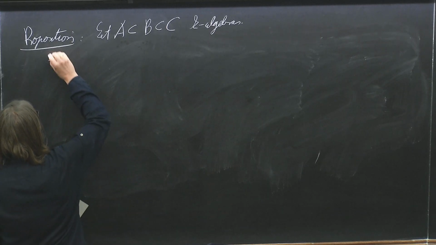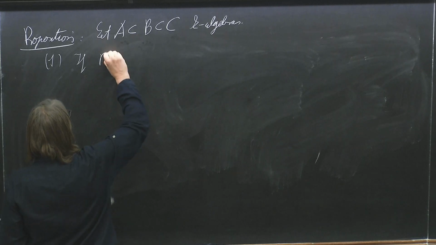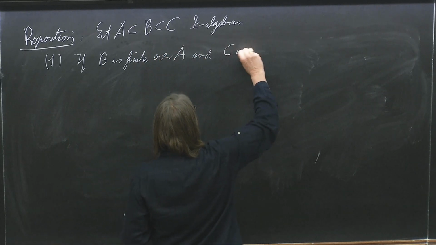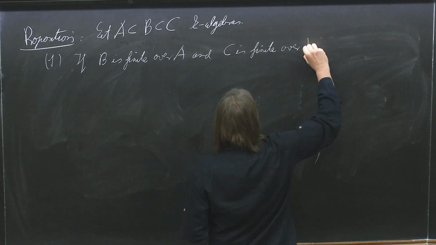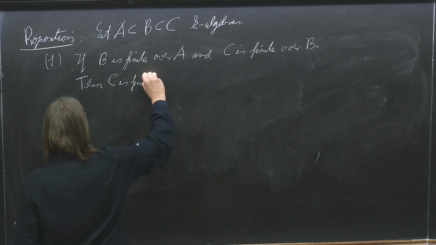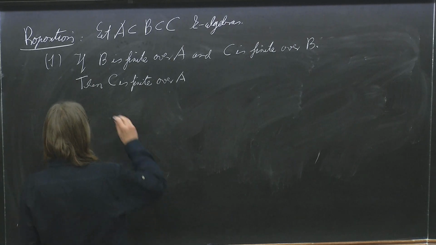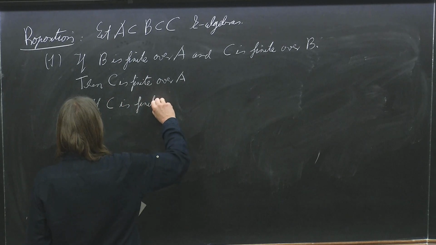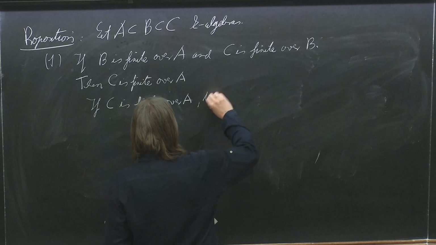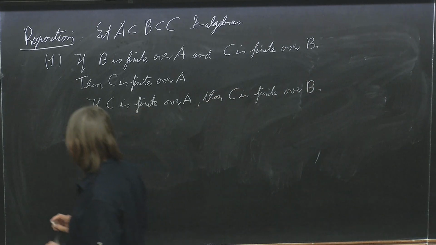Okay, so the first statement is: if B is finite over A and C is finite over B, we have some kind of transitivity, then C is finite over A. We have a partial converse: if C is finite over A, then it is also finite over B. Okay, that's the first statement.